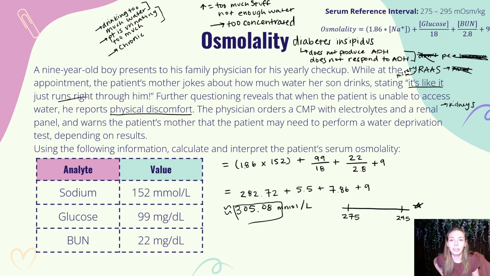It's something that is done in the physician's office, kind of like an allergen challenge test. It's something that they handle, which is good because I wouldn't want to have to sit there with a 9-year-old crying because they are physically uncomfortable because they want water. Anyway, sorry, I'm rambling. The point here with this case study is that this patient is losing too much water even though they're drinking a lot of water. They're losing more than they're drinking, and it's causing their serum osmolality to elevate.